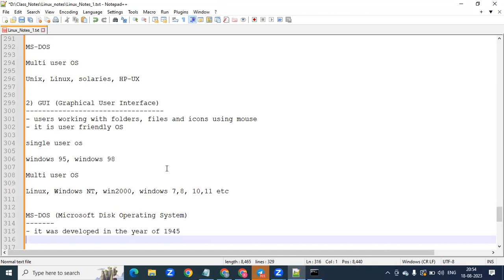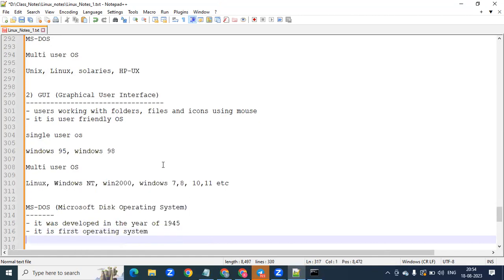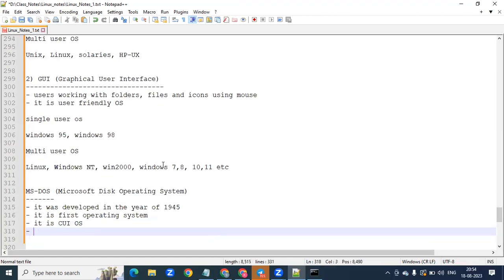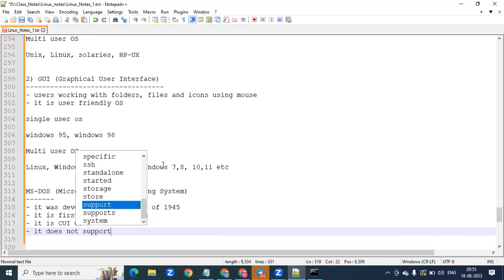So it was the first operating system, and it is a command user interface, CUI, command user interface OS. It does not support networking.